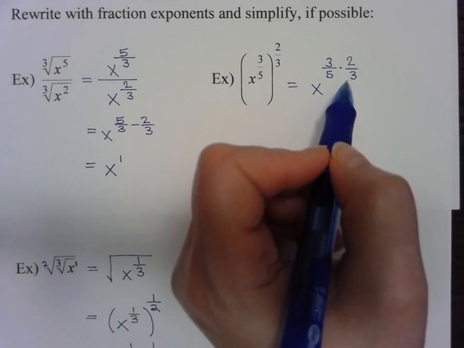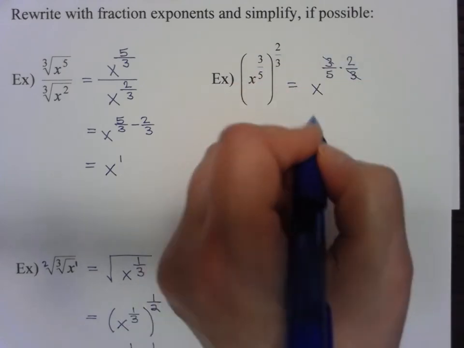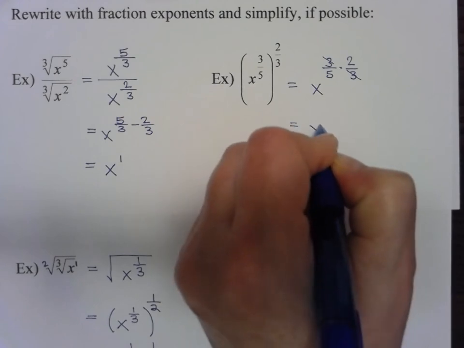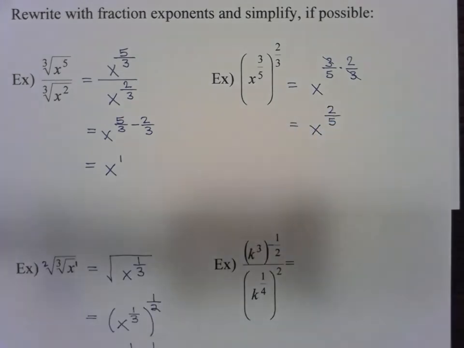You can multiply and then reduce, or you could cancel out these 3's right away if you want. That's going to end up giving us x to the 2/5 power. And that's really as simple as we can do. We're not asked to turn it back into a radical, so we'll just leave it like that.